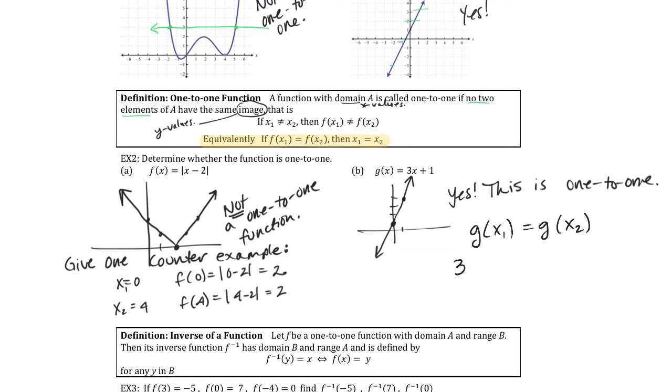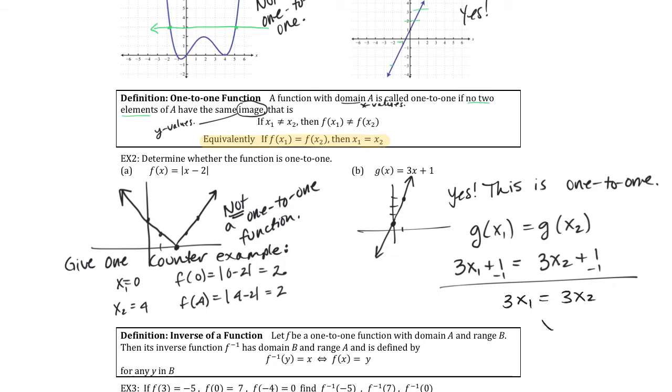So inputting x1, we would get 3 times x1 plus 1. That would be our output. And 3 times x2 plus 1 would be our output for g of x2. Subtracting 1 from both sides, that would give us that 3x1 is equal to 3x2.